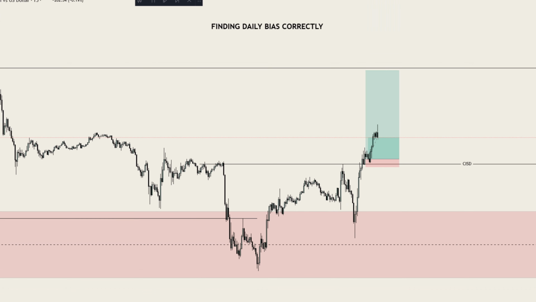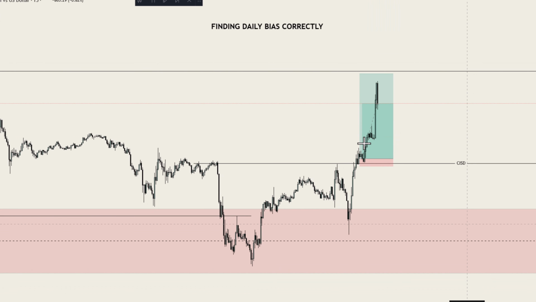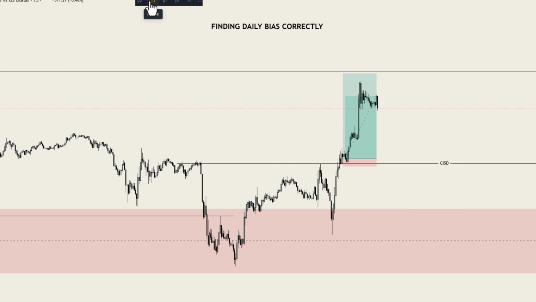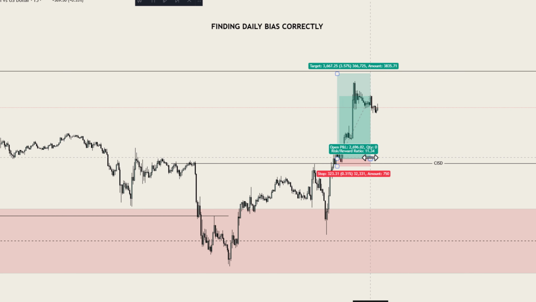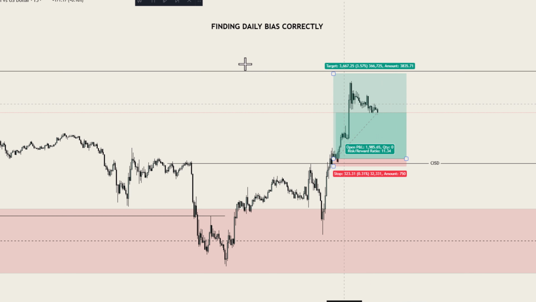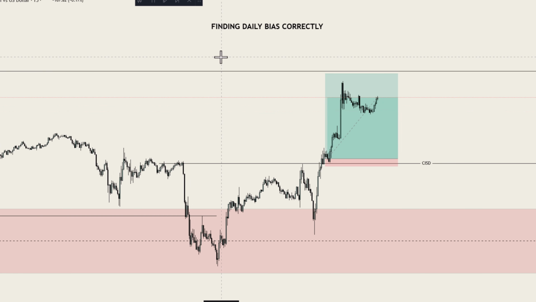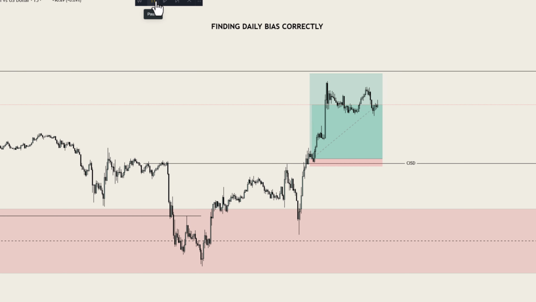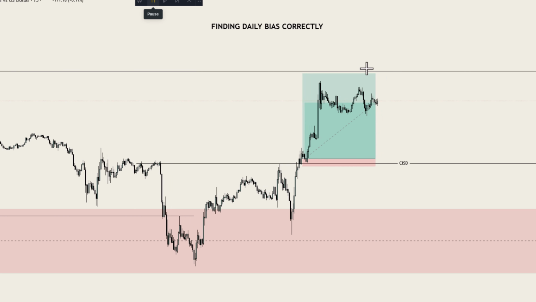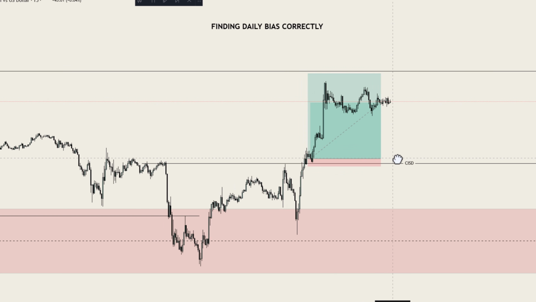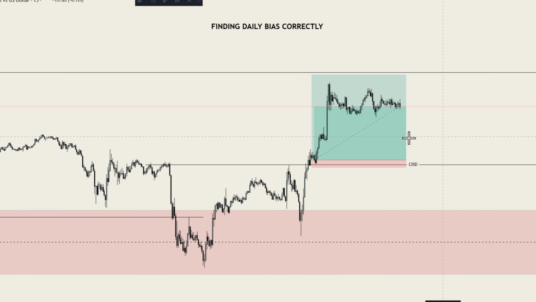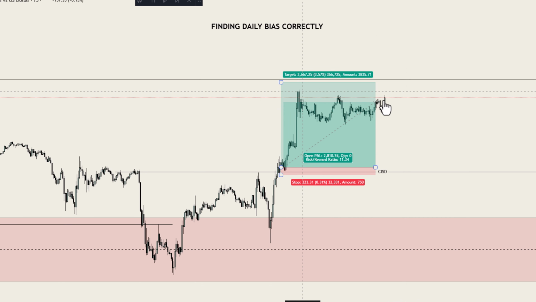We see market continues bullish, and we see that price is at our TP. So price is consolidating, and now price is about to enter our TPs.